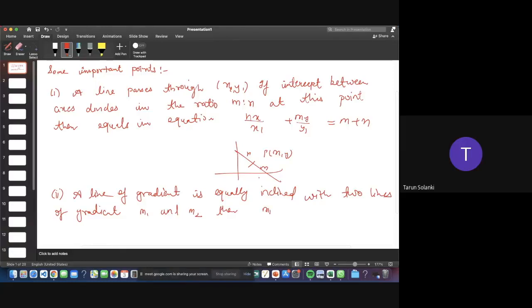Then we can write (m1 - m)/(1 + m1m) = -(m2 - m)/(1 + m2m). So first copy these two points, then we will move to the next part.